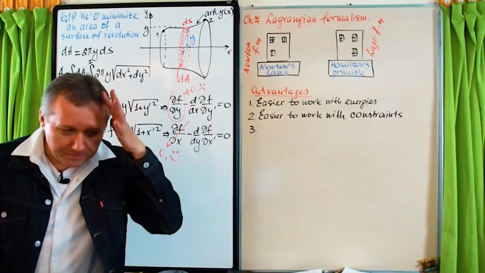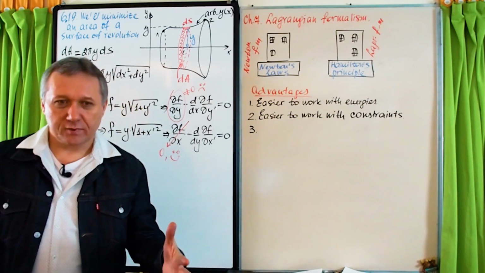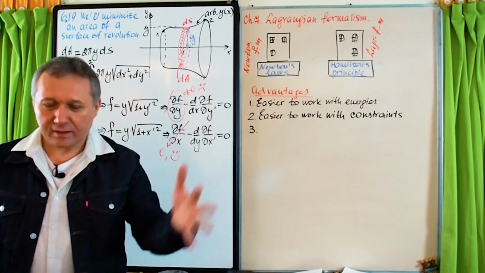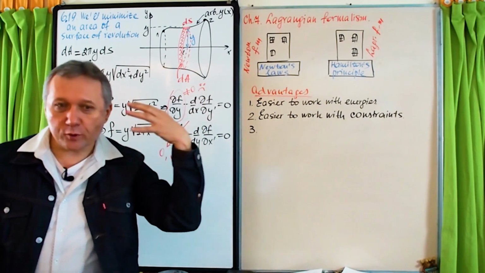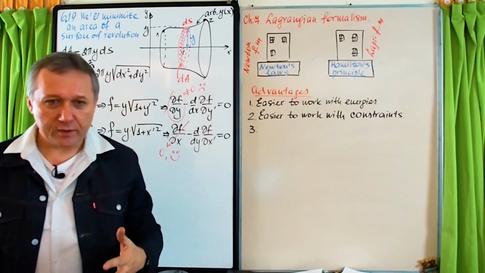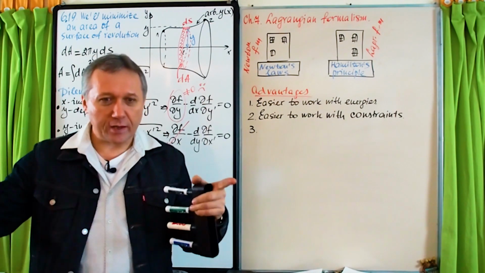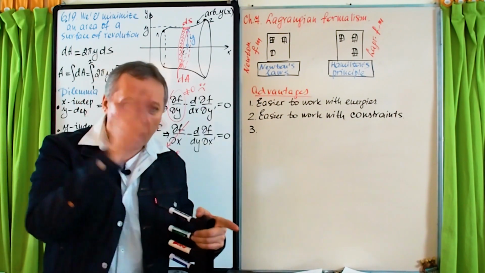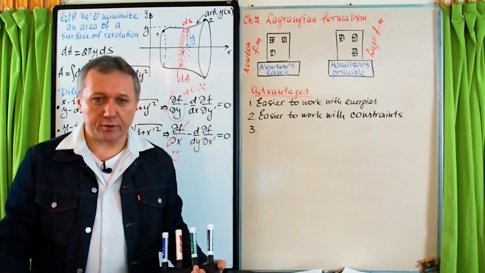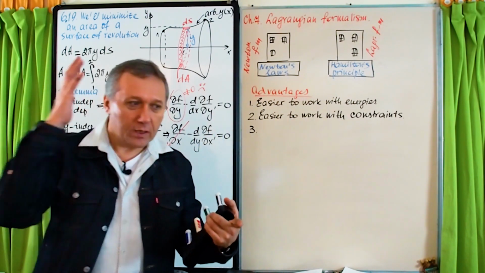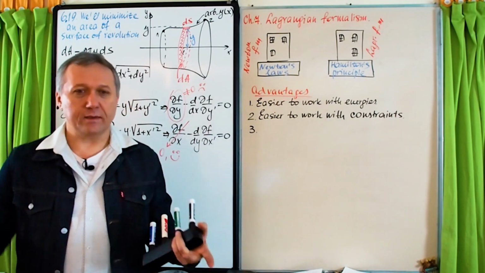If it's Cartesian coordinates, you will have x's and y's, or x's, y's and z's. If you move to, I don't know, polar coordinates, just replace these x, y, and z with r, phi, and z. If you move to spherical coordinates, just replace those with r, phi, and theta.